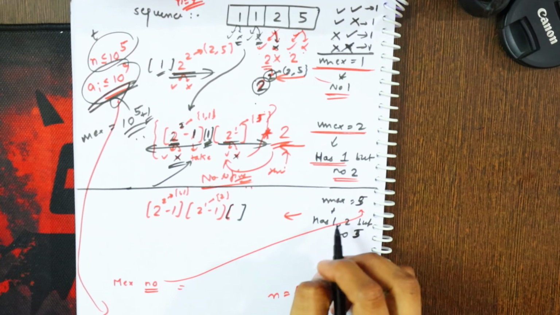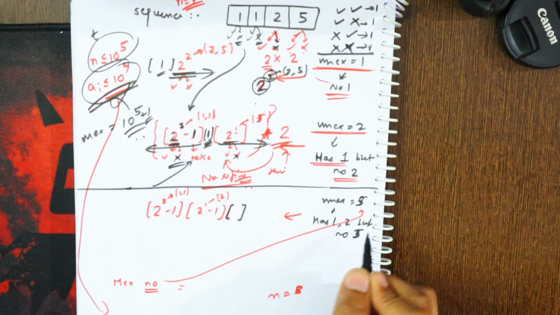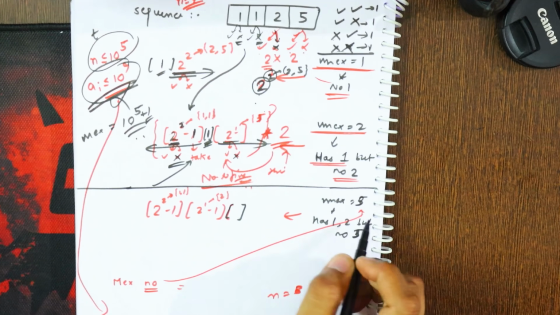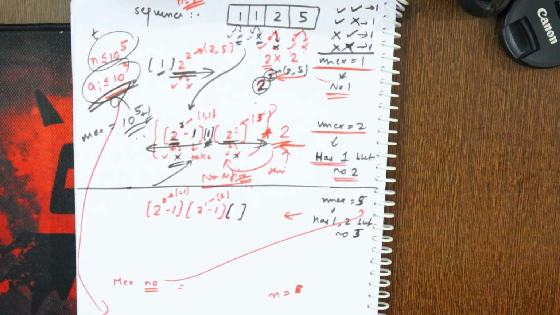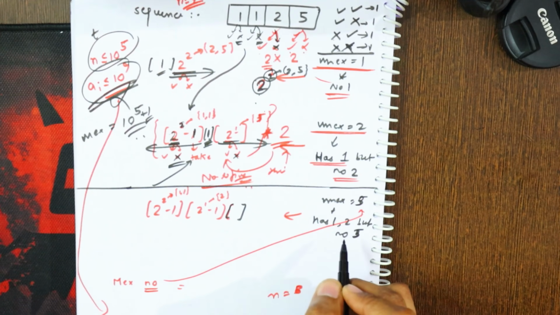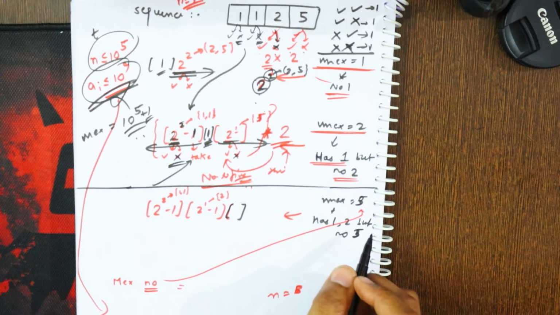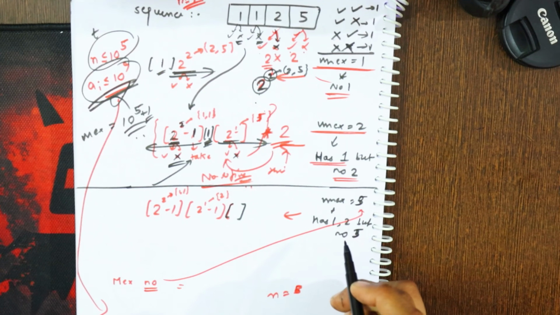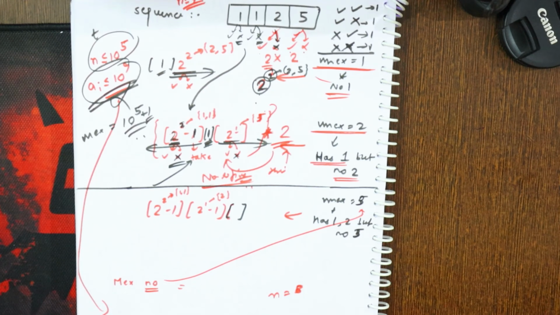Okay, so as you can see here now, if I want MEX equal to 5, what I actually wanted is that I should have 1, I should have 2, I should have 3, I should have 4, but I should not have 5.